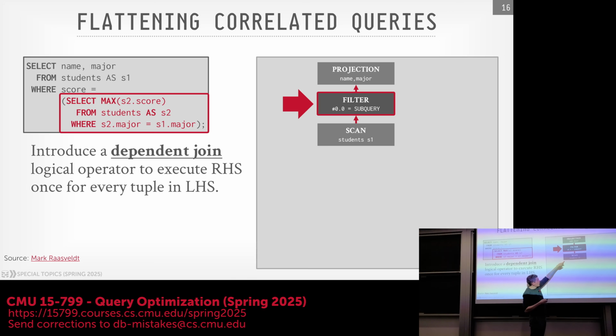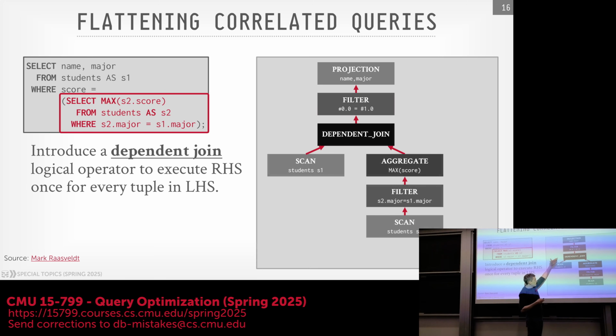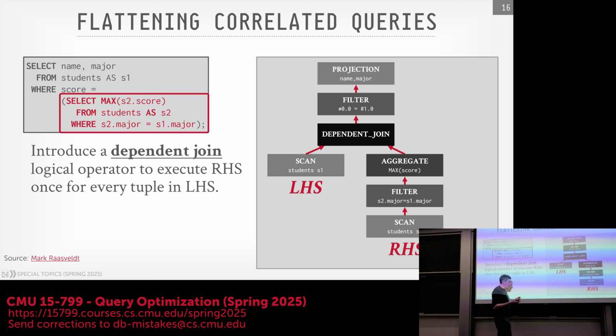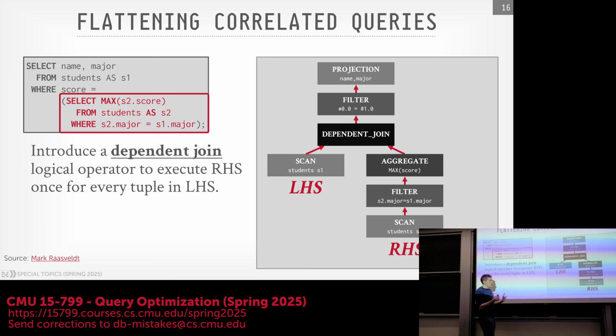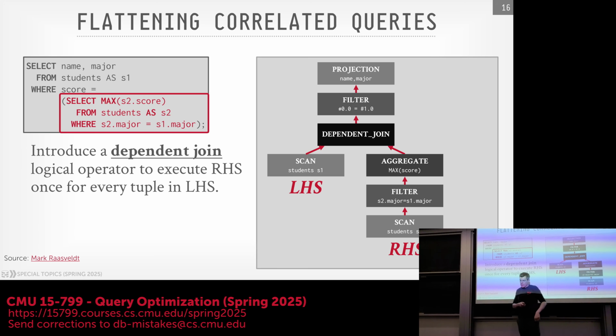So we want to convert that subquery into a dependent join, where we can keep track of the dependencies for that join. For today's class, this side will be considered the left-hand side, and over there is the right-hand side. The right-hand side corresponds to the inner query, and it's going to have references to things on the left-hand side, which is some part of the outer query.